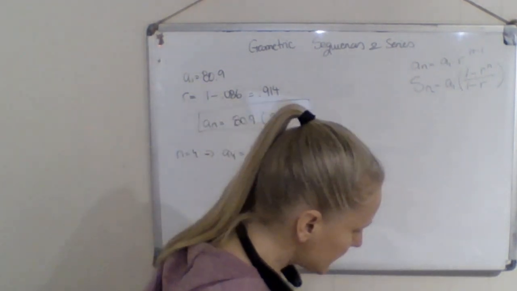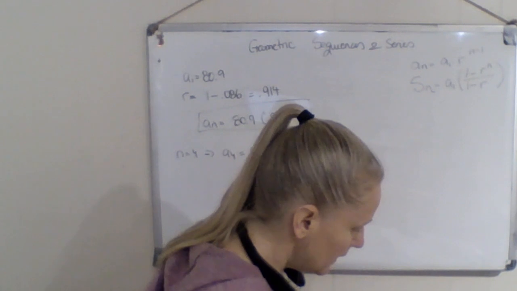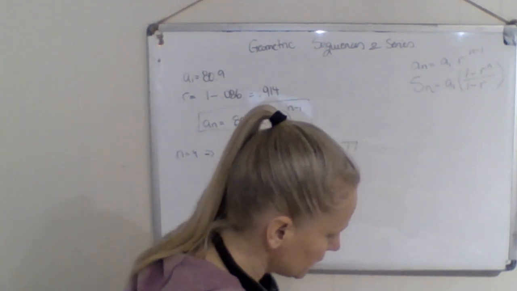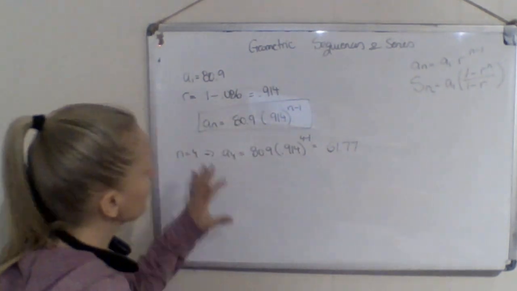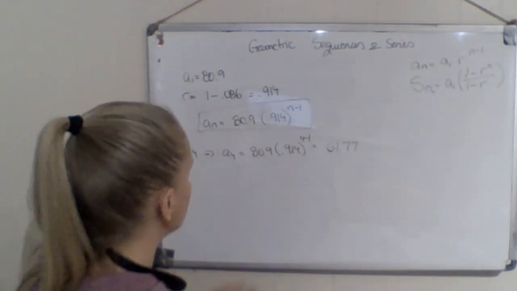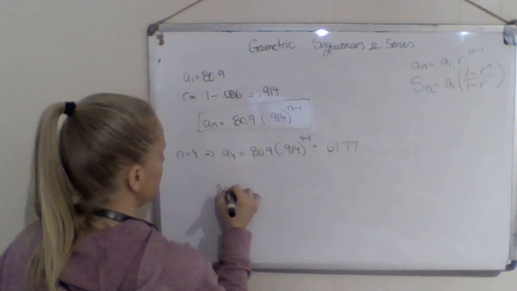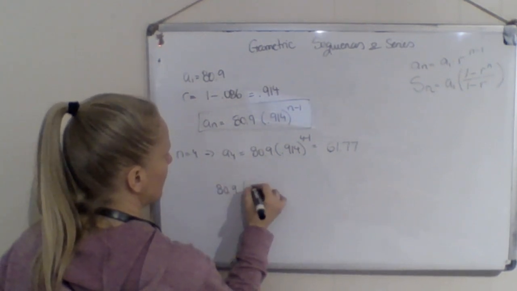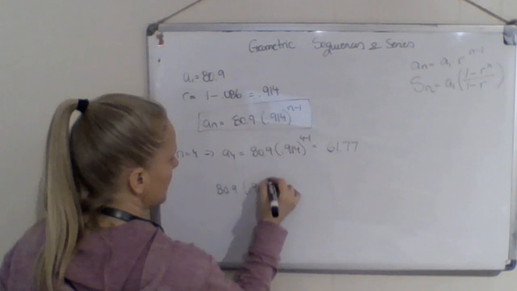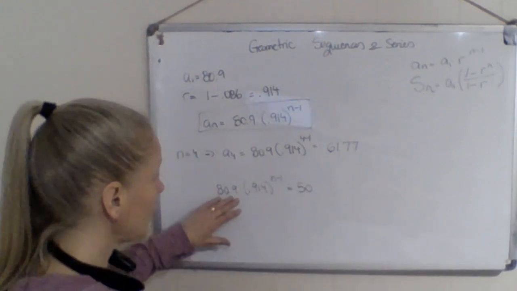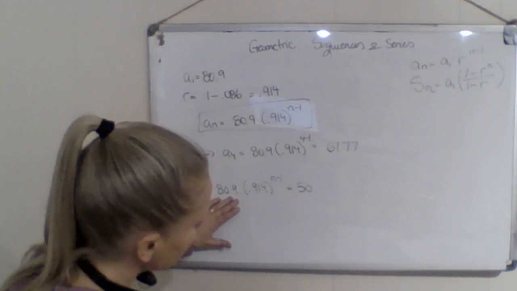Then for part C, it says, when did the average monthly cellular bill fall under $50? So really what you need to know, when was this equal 50? So you're going to go 80.9 times 0.914 to the N minus 1 is to equal 50. We're going to divide that 80.9 out, right?